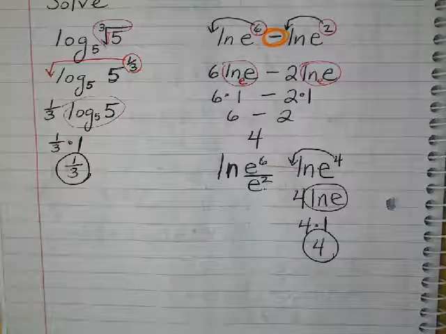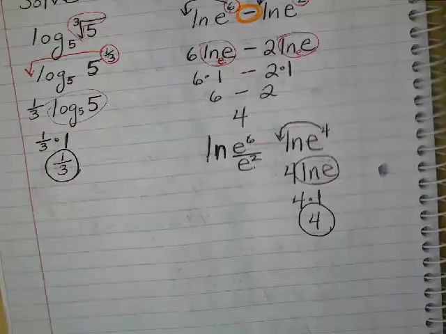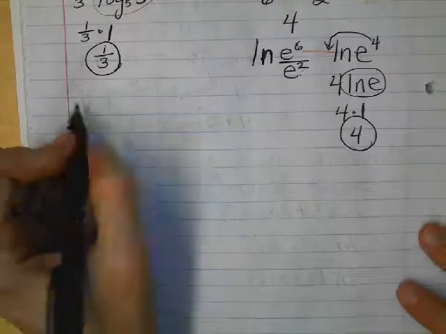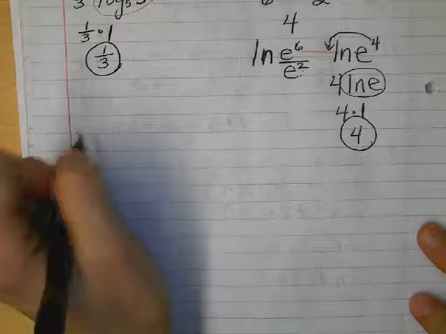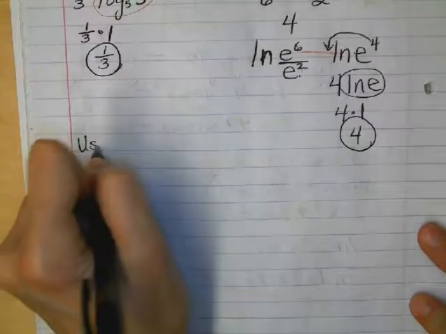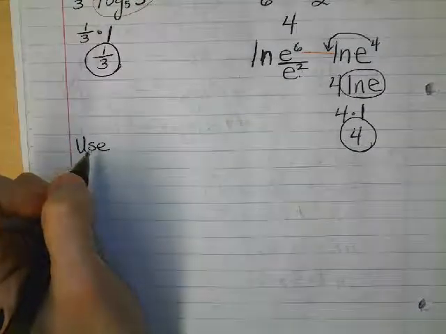Okay, what else? There's one more thing, and then I think I can let you start working. There's one more thing where you can manipulate things. Sometimes they're going to tell you to use other logs to manipulate a logarithm.